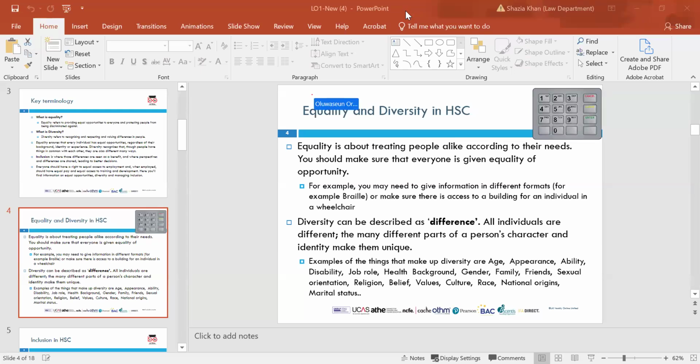Sandra? Okay, so I'll go through it so we've got a better idea. Equality and diversity is really important within the healthcare sector, because it's an integral part of the healthcare sector that everyone is treated according to their needs.